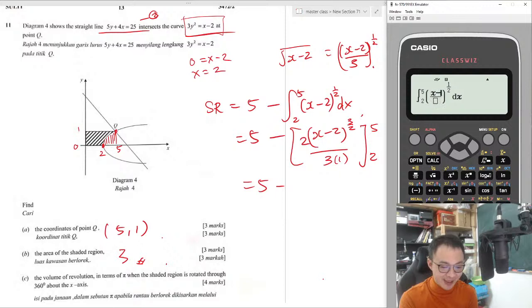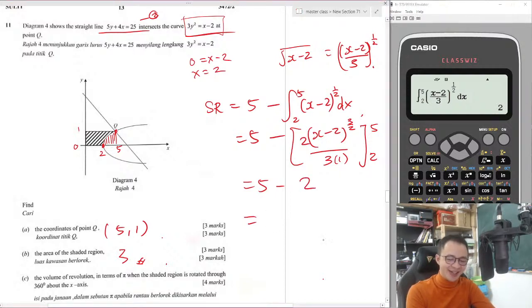X minus 2 over 3. X minus 2 over 3. Let's do one more time. Yeah, nice. I get a 2 here.